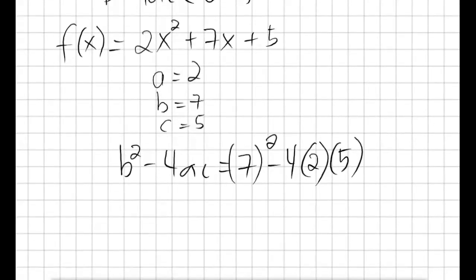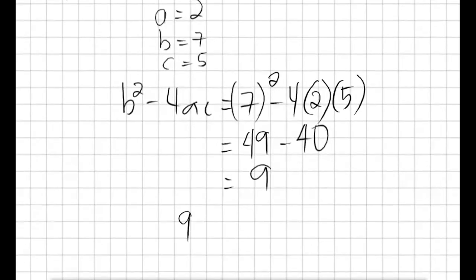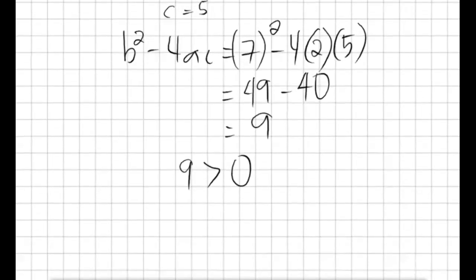So it will be 49 minus 4 times 2 is 8, 8 times 5 is 40. So 49 minus 40 is 9. And 9 is more than 0. So therefore, our b squared minus 4ac is more than 0.